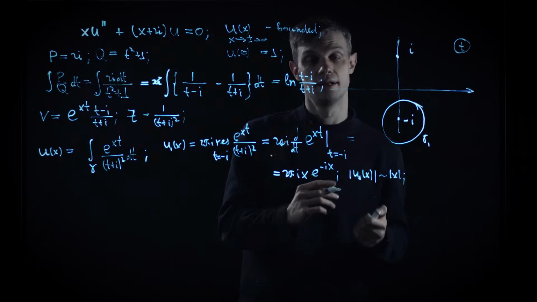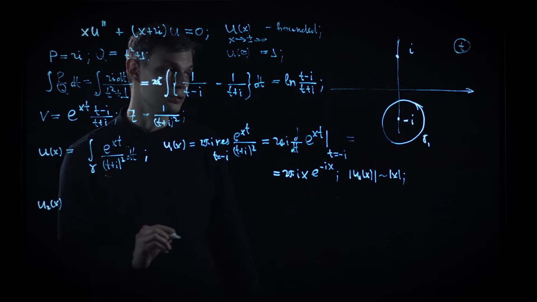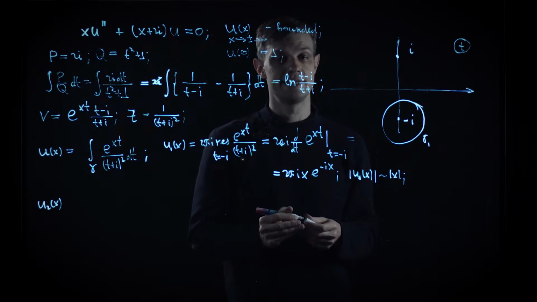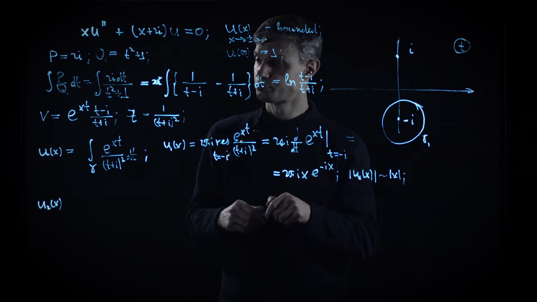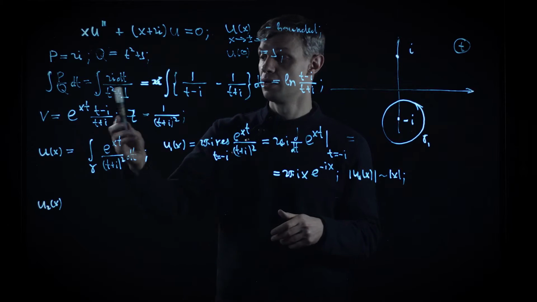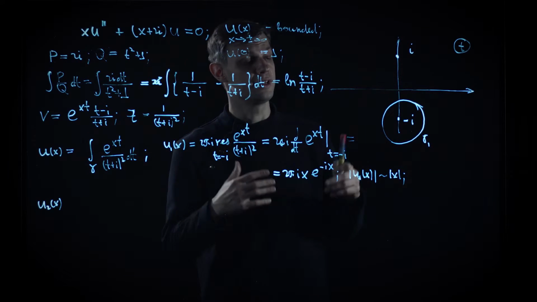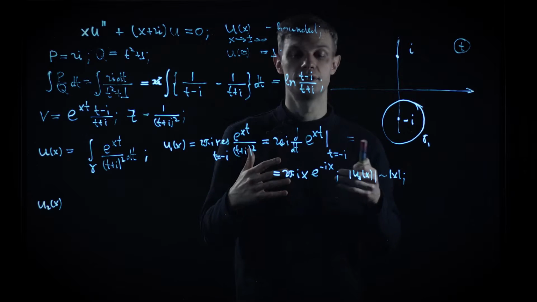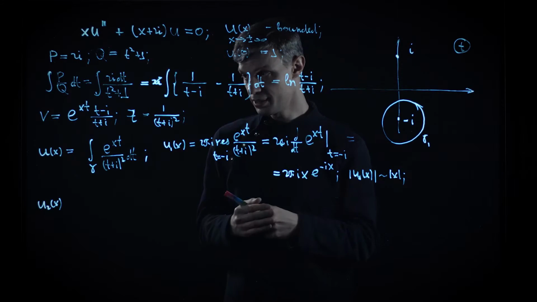So let's study another solution, which is defined by the second contour, which is not drawn yet. So let's draw it. Well, first of all, we recall that our v function vanishes at point t equals i. Unfortunately, it's not possible to draw a closed contour for the second solution. So we have to improvise a little bit.